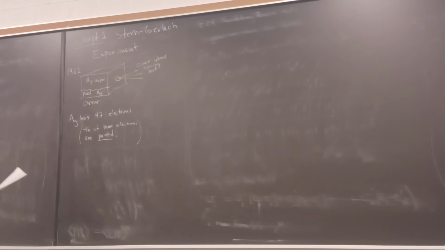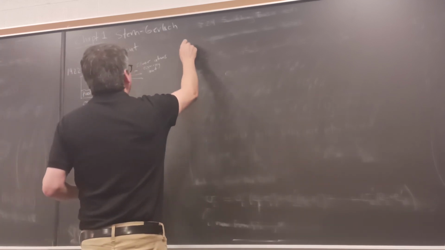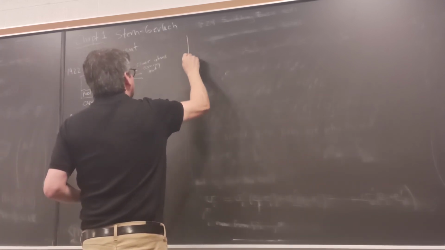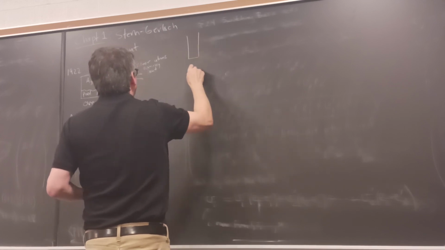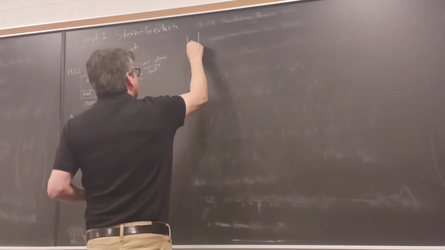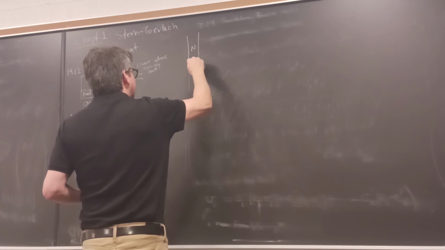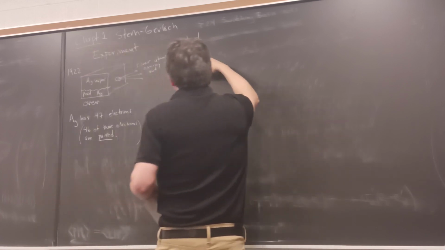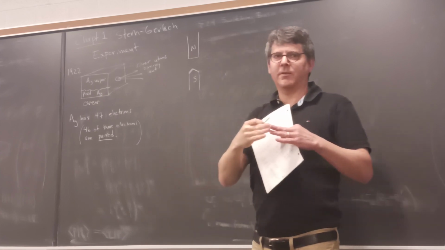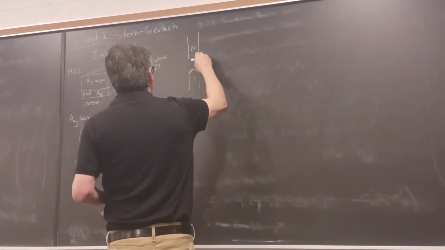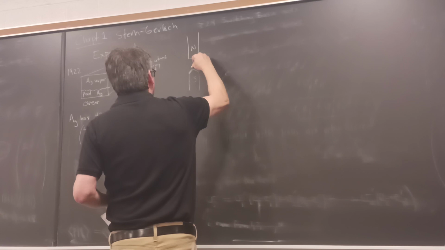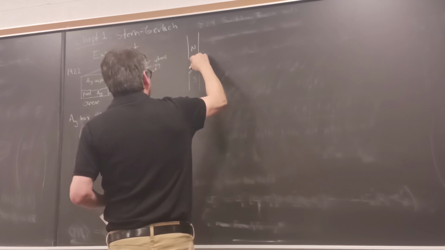And in between, here we have poles. The faces of the poles here are shaped so that the field is non-uniform. So you have a strong B field here, and then it gets weaker as it goes up.